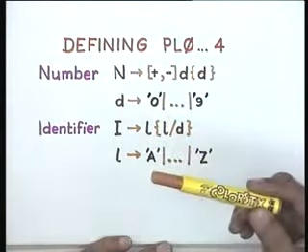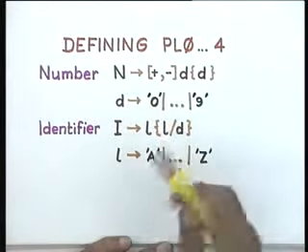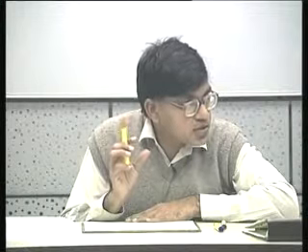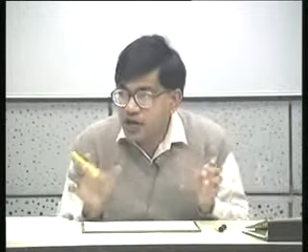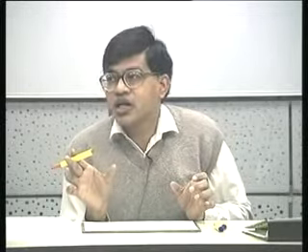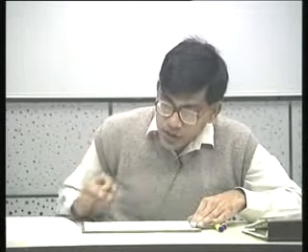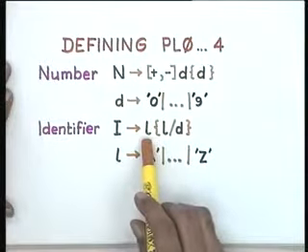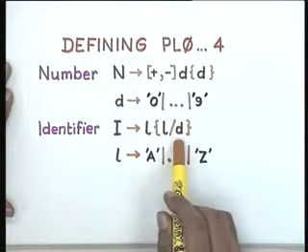The plus or minus really is an operation. If you have a negative number, you're actually going to take the corresponding integer and negate it as an operation, right? So in the case of an identifier, it should begin with a letter, and it may be followed by one or more letters or digits, right?